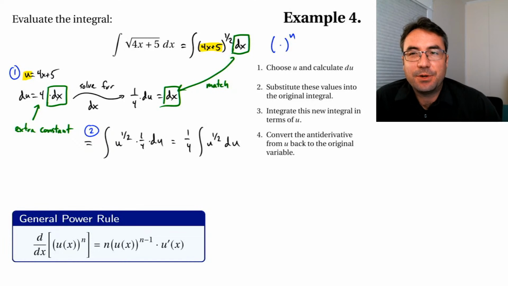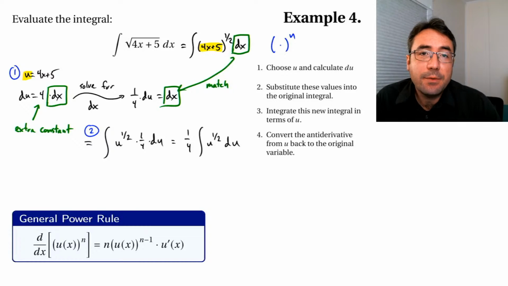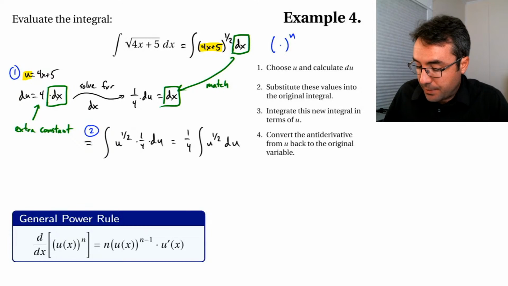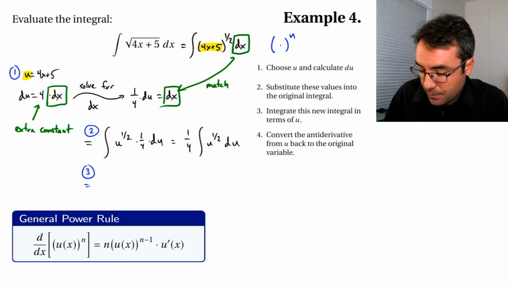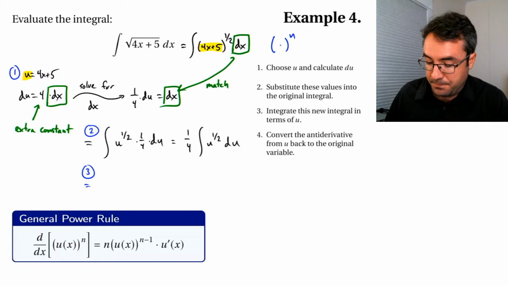Again, you don't necessarily have to show that step, but for right now, that might be helpful. And we just want the antiderivative of u to the 1/2. So now we integrate just like we normally would. So the 1 over 4 stays in front, just a constant multiple.